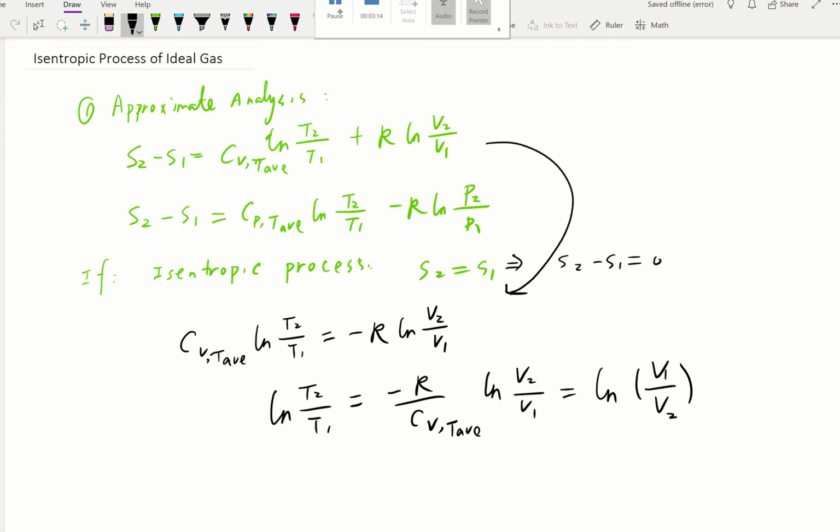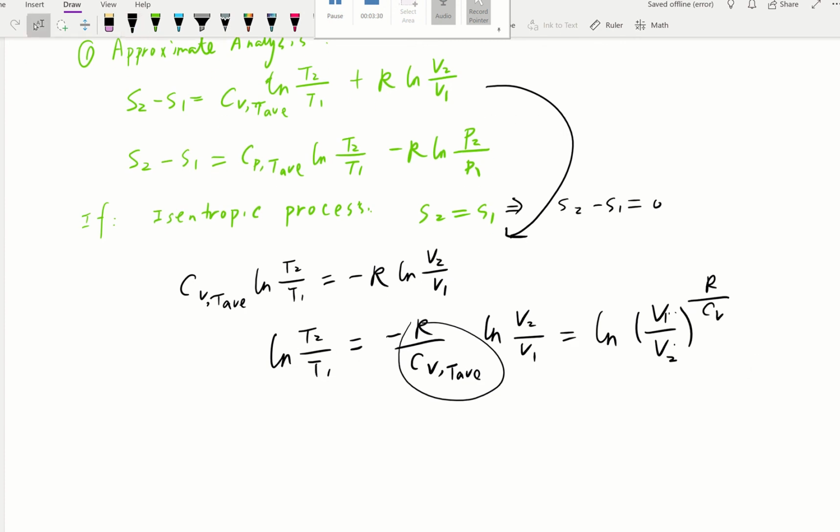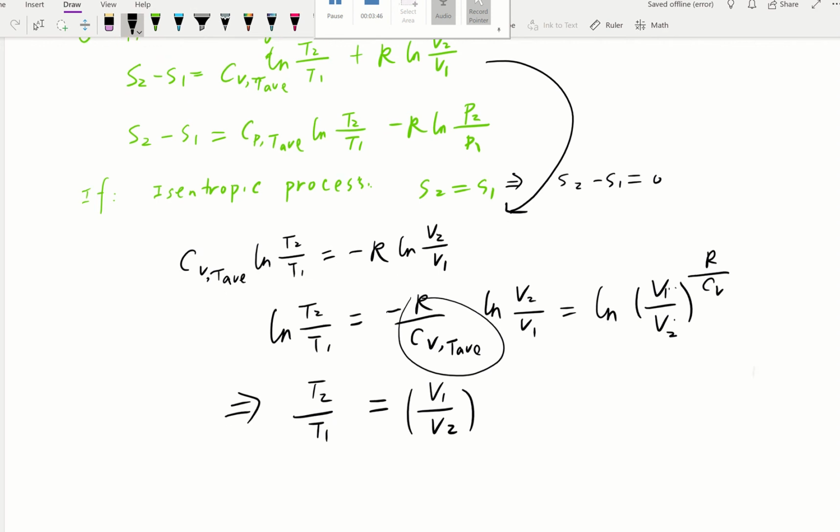So then we'll bring this term to be an exponent, and get rid of this negative value since we flip those fractions. So that would be R over Cv, right? I'm getting rid of the T average. Knowing that, we can get this expression, T2 over T1 is equal to V1 over V2 to the power R over Cv.